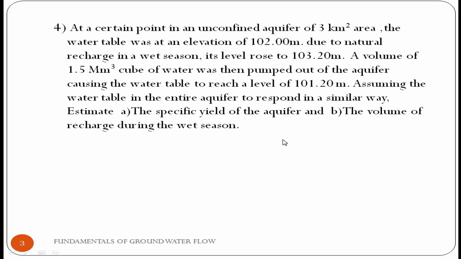Due to natural recharge in a wet season, its level rose to 103.20 meter. A volume of 1.5 million meter cube of water was then pumped out of the aquifer, causing the water table to reach a level of 101.20 meter. Assuming the water table in the entire aquifer responds in a similar way, estimate the specific yield of the aquifer and the volume of recharge during the wet season.